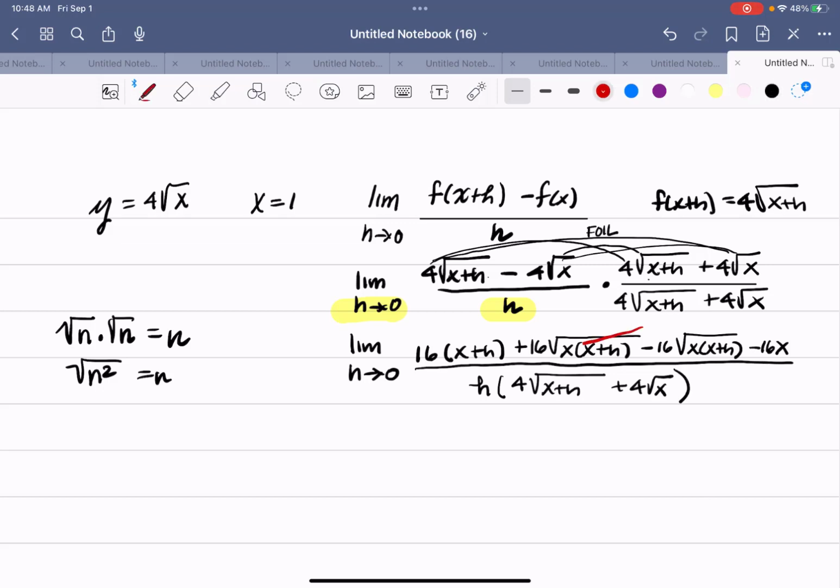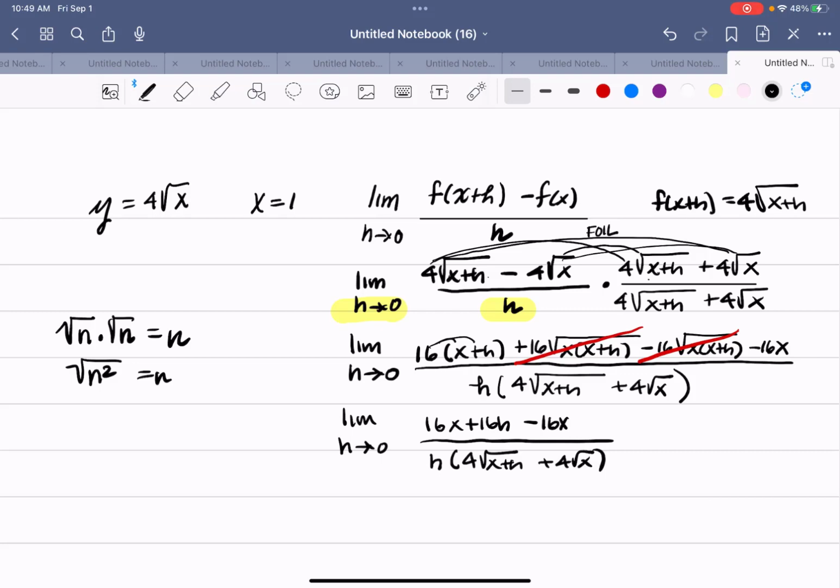So these radical terms are opposites, and they'll cancel out. That's going to leave me with a limit, h goes to 0, of 16x plus 16h minus 16x over this long thing, h times 4 square root of x plus h plus 4 square root of x.